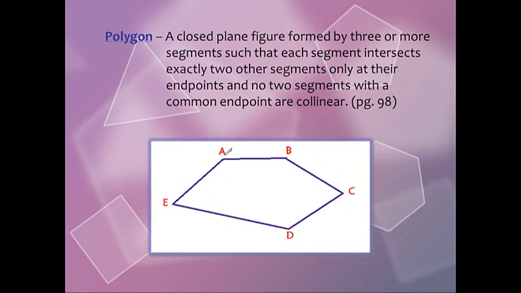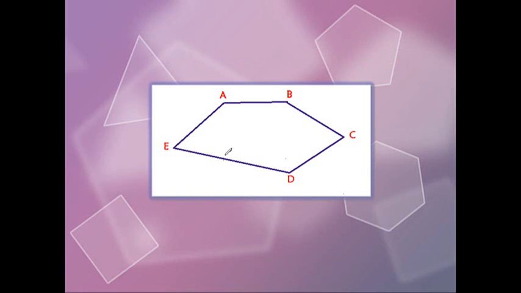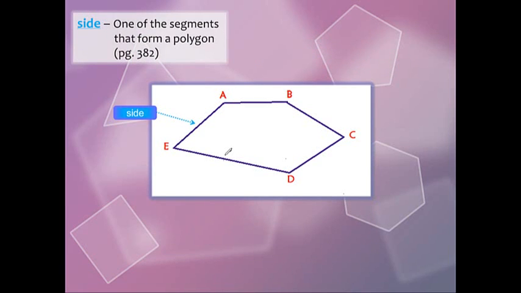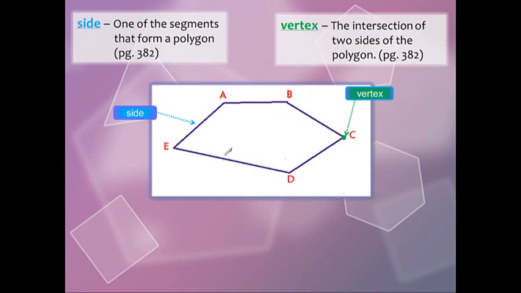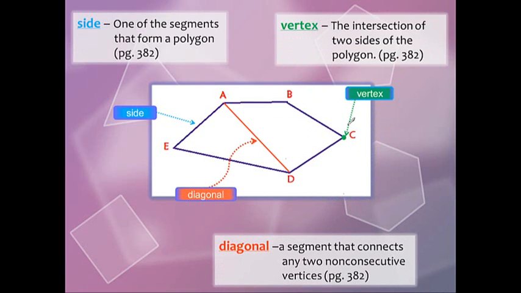So let's use this figure to talk about the different parts of a polygon. First, we have a side. Any of the segments that form the polygon are called sides. The vertex is the point where two sides intersect. And we have the diagonal. It is a segment that connects any two non-consecutive vertices.